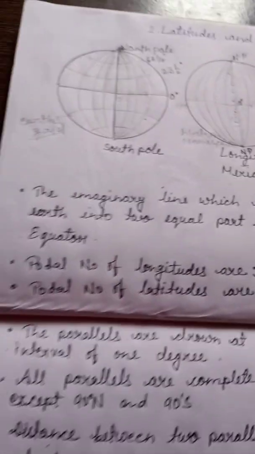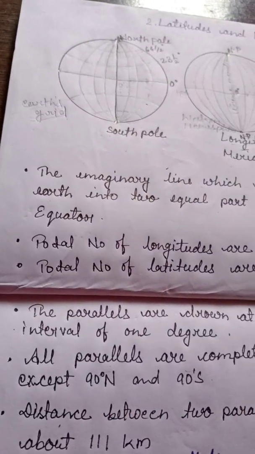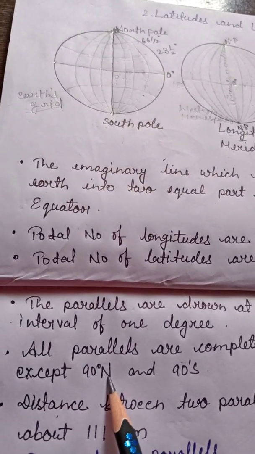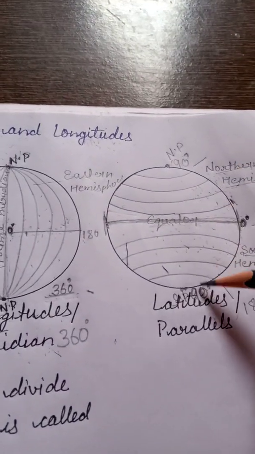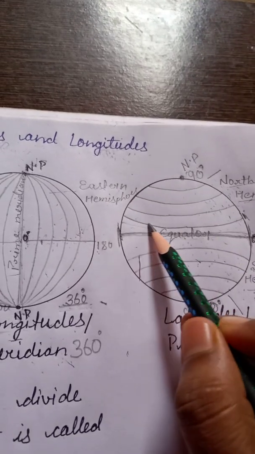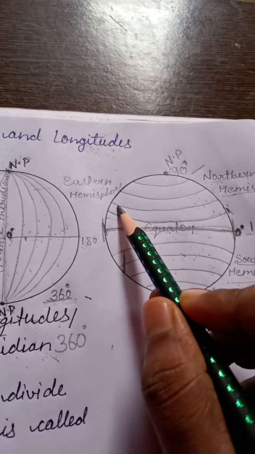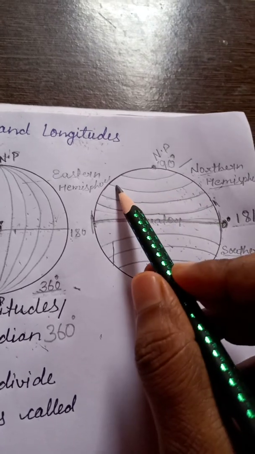All the parallels are complete circles except 90 degree north and 90 degree south. You can see all the latitudes form a circle.